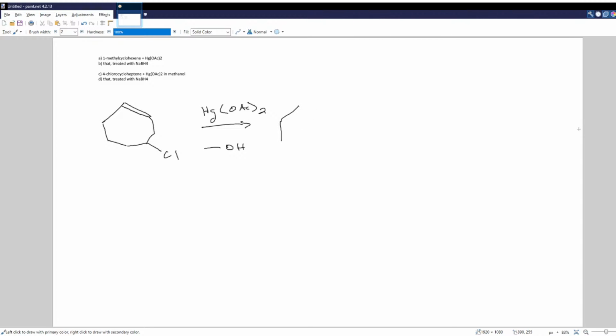Let's see. So now we get bam, bam, our ion here with our halogen down there, and now methanol is here too. Which one's the more substituted side? Which one's better for this to go on?